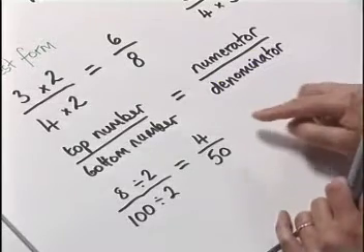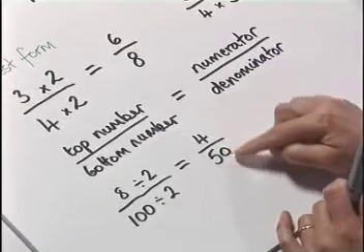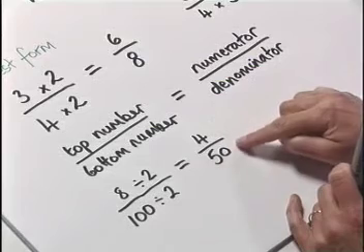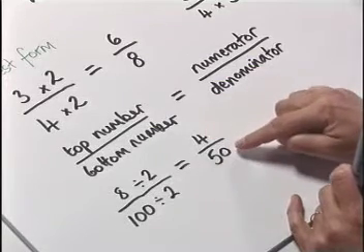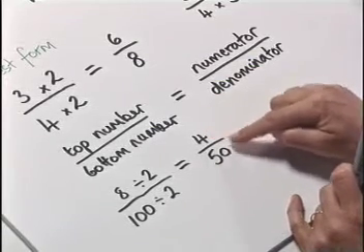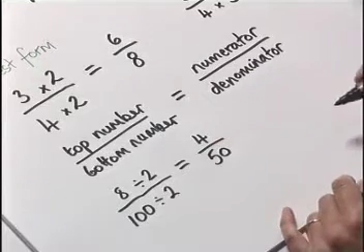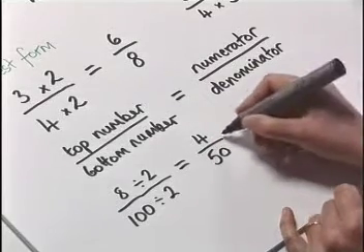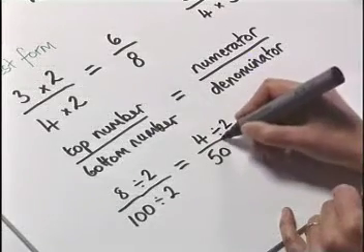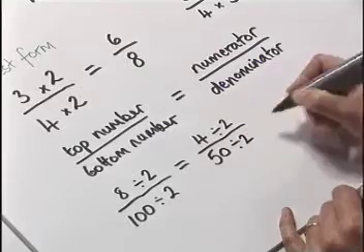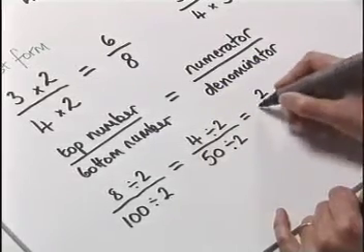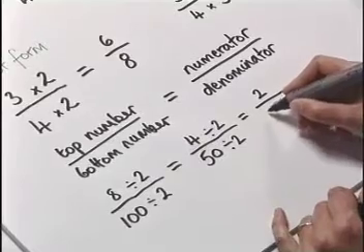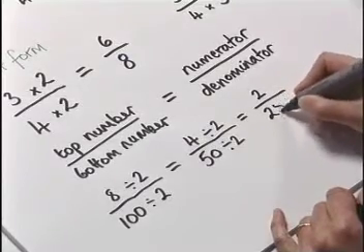Now we need to look at our fraction again. We found an equivalent fraction, but is it in its lowest form? Well, again, we can see that they're both even numbers. Both 4 and 50 are even, and so we can divide by 2 again. 4 divided by 2 gives us 2, and 50 divided by 2 gives us 25.